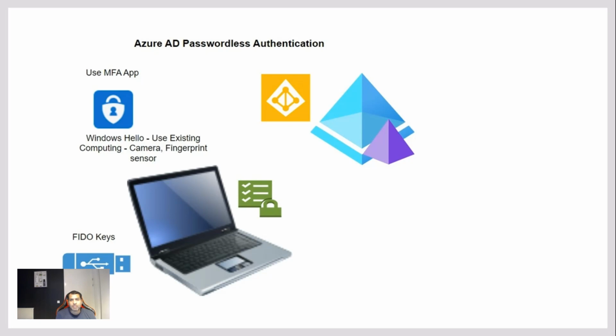We'll take a look at them in a few minutes. This helps you use the power of cloud authentication without the need to invest in any extra expensive on-premise infrastructure, because Azure AD has this capability.